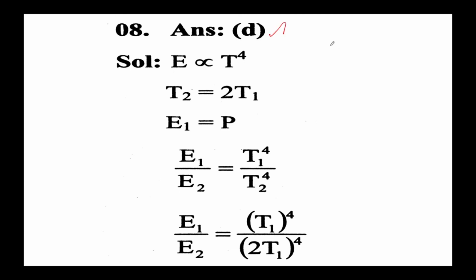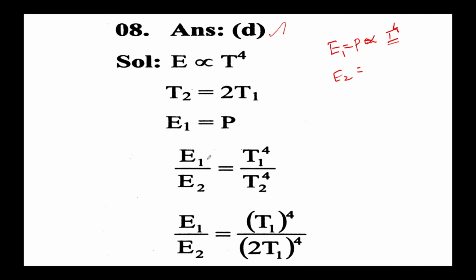We know that you can even go for this. Let's say the emissive power is asked to be kept as P, and we know that it is directly proportional to the 4th power of Kelvin temperature, and the emissivity term is neglected since it is black body radiation, right? And for the second case, E2, the temperature has been doubled, right?